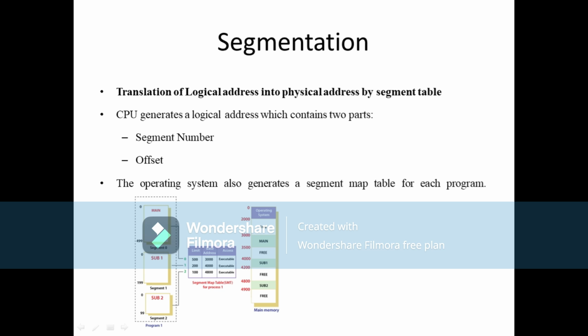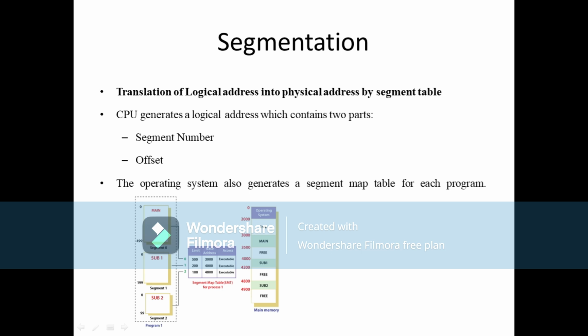Let us see how we translate the logical address into a physical address by the segment table. The CPU generates the logical address which contains two parts, segment number and offset. And the operating system also generates a segment map table for each program.